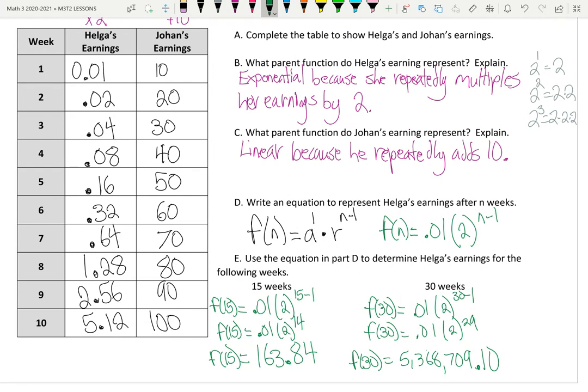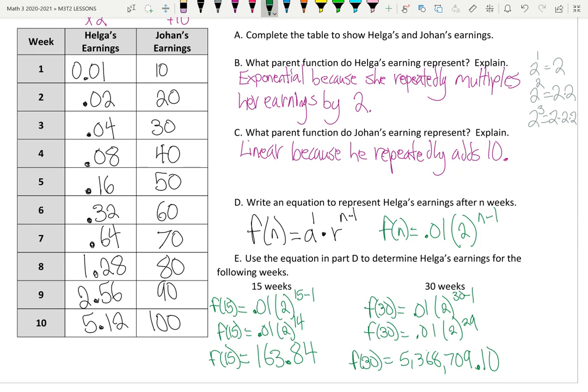The idea is that in 15 weeks, we can assume Johan is making 150. So this is the part where Helga's pay structure is finally going to yield more money.